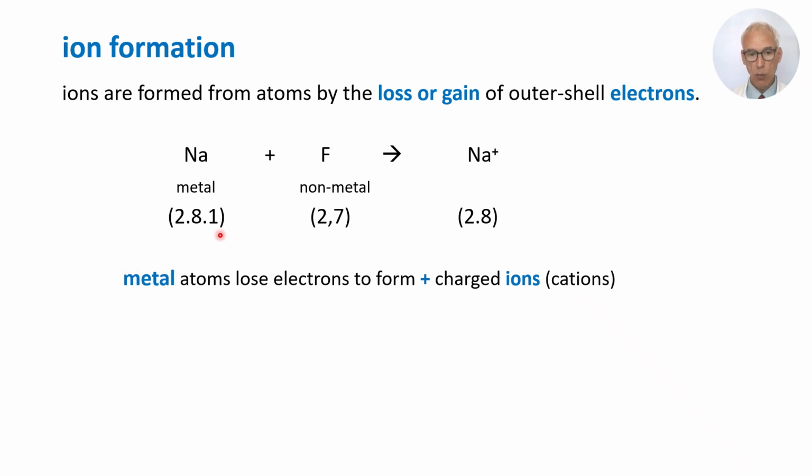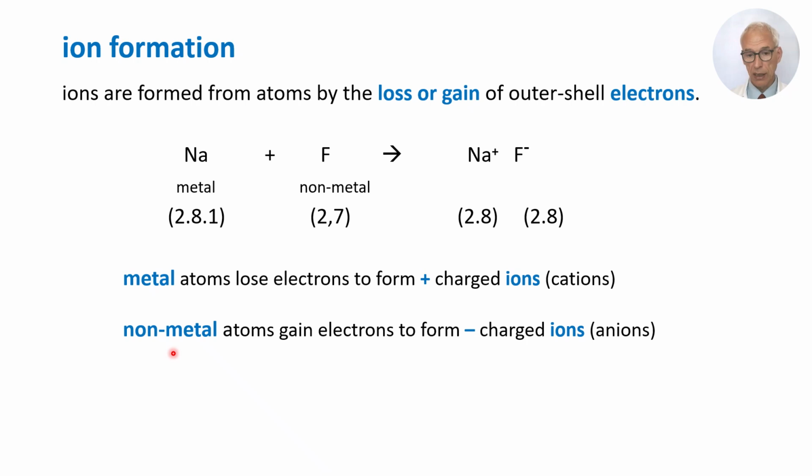So 2,8,1, the original electron configuration for the sodium atom, becomes 2,8. It's lost an outer shell electron. Consequently, it has become positively charged. The loss of the negative electron leads to the ion being positively charged.